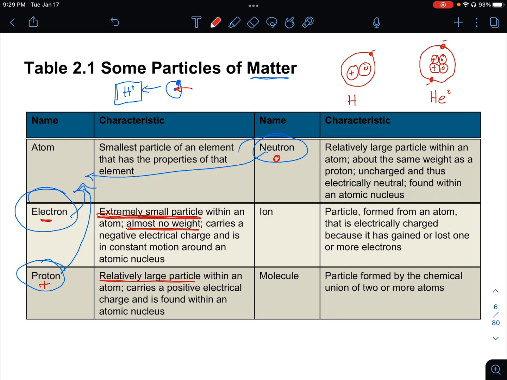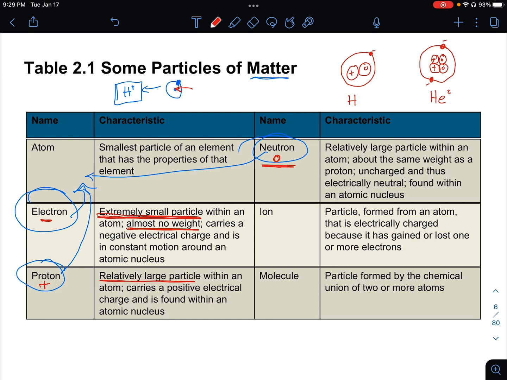As we go up, lithium, beryllium, etc., those are all going to grow, because we want our elements on the periodic table to be electrically neutral. Electrically neutral means they have no charge. So the number of neutrons really doesn't matter, because they have no charge.